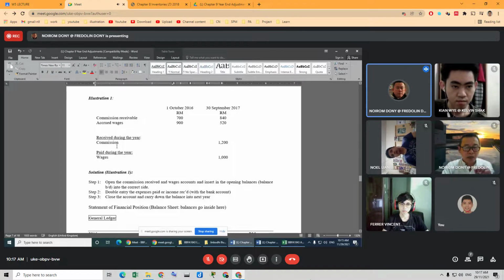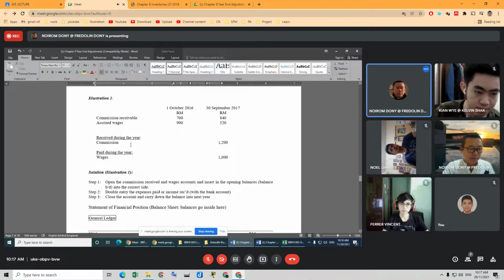Meaning, if they mention only the name of the income account and the name of the expenses account, that is the one-stage method. But if the question was prepare commission receipt, prepare wages account, prepare accrued wages, prepare commission receivable, that is the two-stage method. Can you get it? You look at the question.